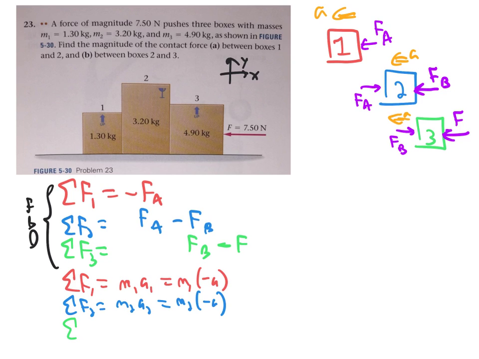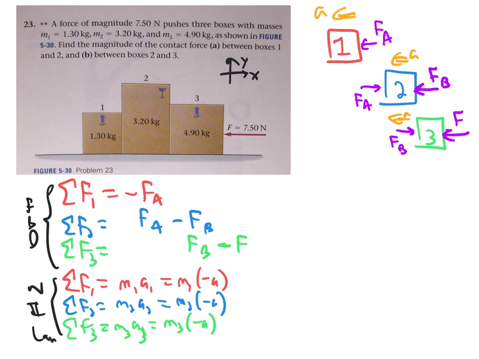And then the net force on 3 has to be the mass of 3 times its acceleration, which is m3 times minus a. This is where you can see that all these minus signs are sort of going to be floating around, but then I can just cancel them out. And this, remember, is coming from Newton's second law.